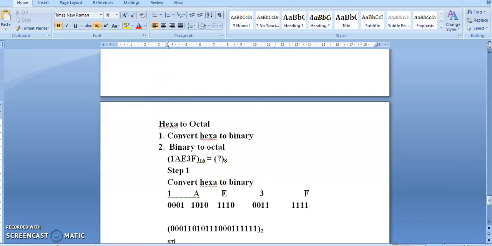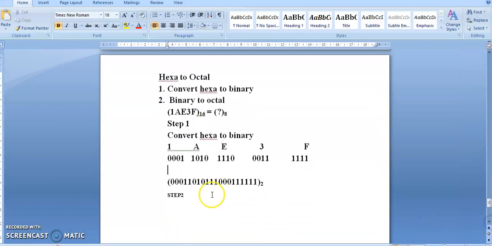Next one, step 2: convert binary to octal. So this is the binary. How to convert a binary number into octal?